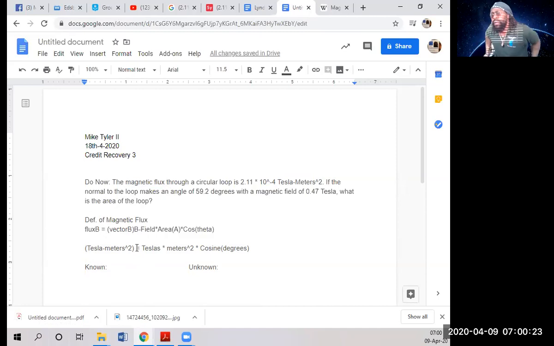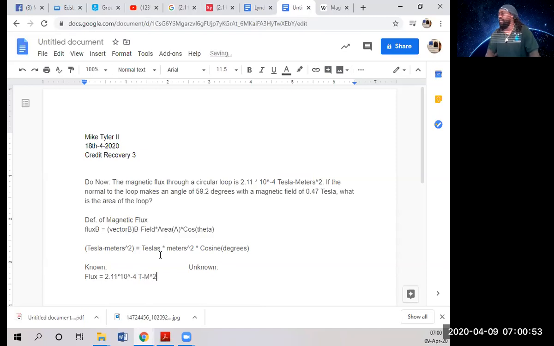So magnetic flux is given as 2.11 times 10 to the exponent -4, Tesla-meters squared.